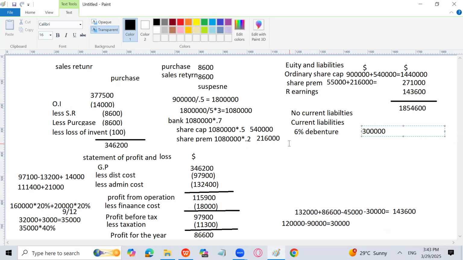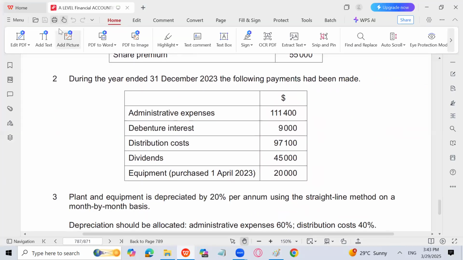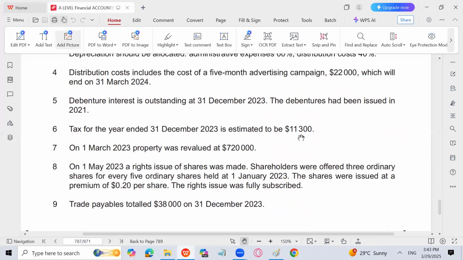Then comes the tax amount. That is not tax, I should say, that is tax payable. Because if you just look at the question, it is clearly stated that the tax payable at the end of the year is estimated to be 11,300. So that is the provision for taxation actually. Sir, what is provision for taxation?